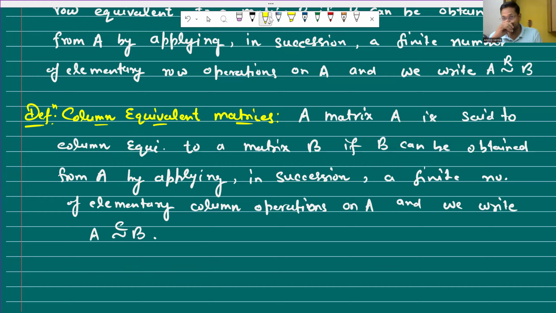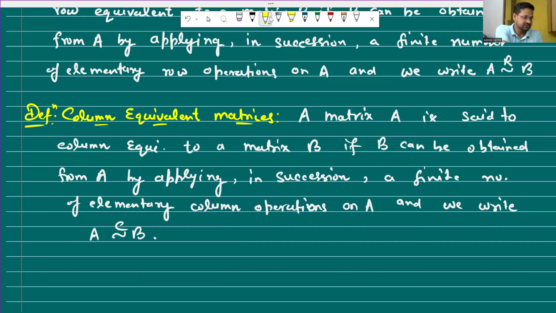एक चीज यहाँ पर क्लियर रखिएगा कि if you are talking about column equivalent, it means we are applying only elementary column operations. If we are talking about row equivalent, it means we are only applying elementary row operations. If we apply some column operations and some row operations, we get a matrix that is only called an equivalent matrix. We are not able to say that it is column equivalent or row equivalent.